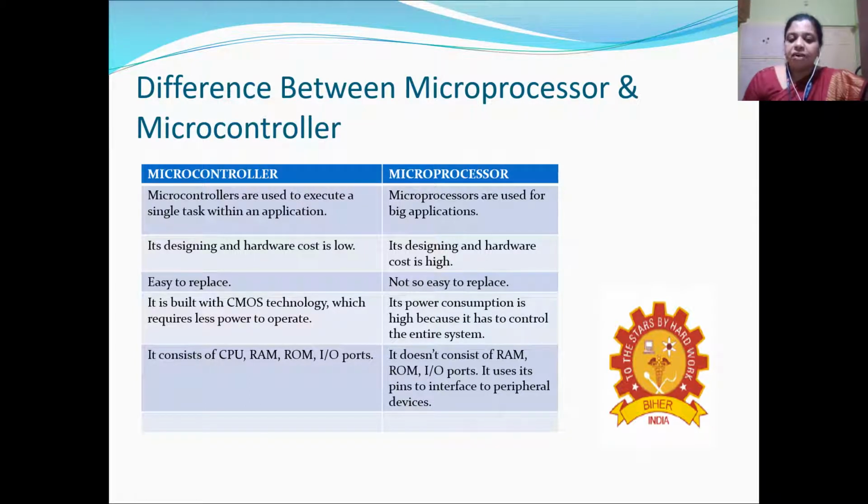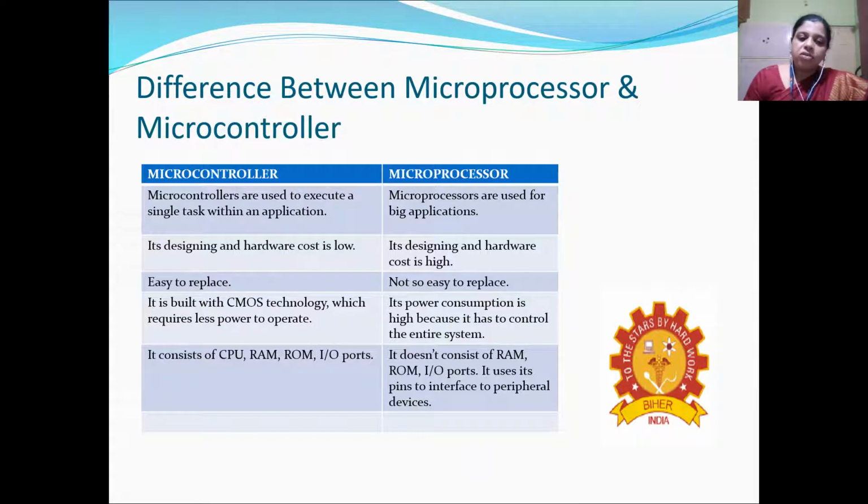The peripherals, I mean the input output devices, the memory, everything we have to interface externally. Whereas in a microcontroller, all these functional units are embedded in a single chip. That is the basic difference between the microprocessor and microcontroller.